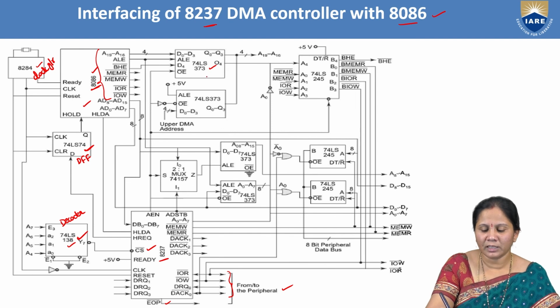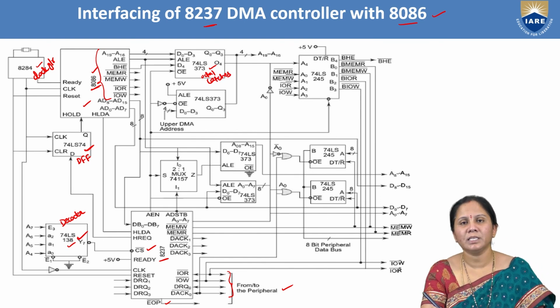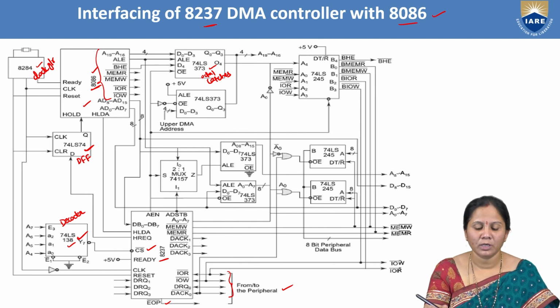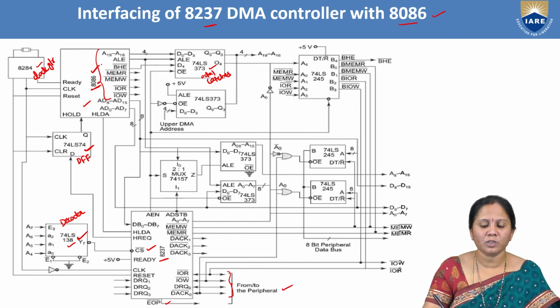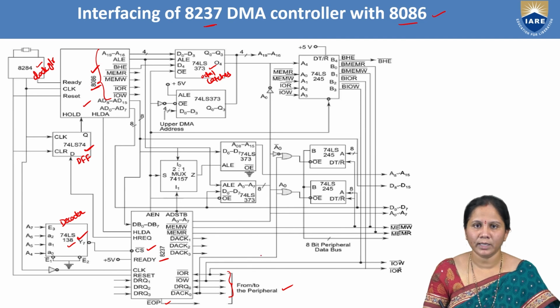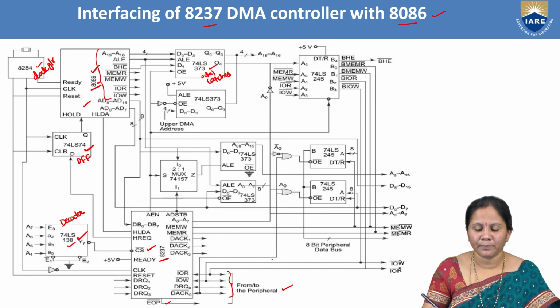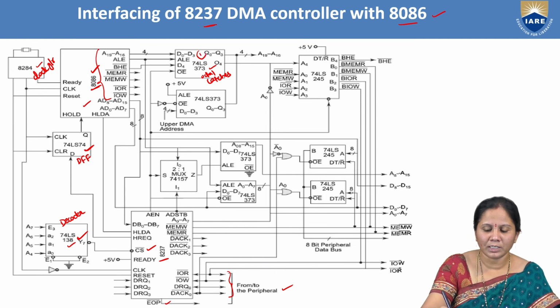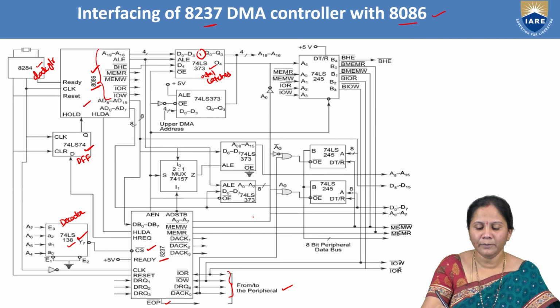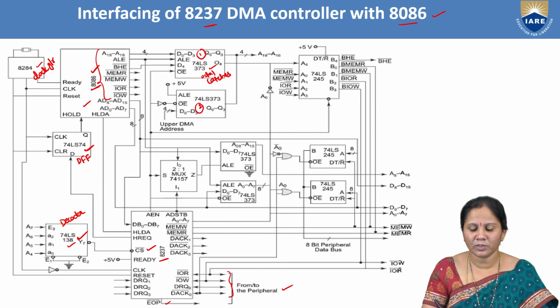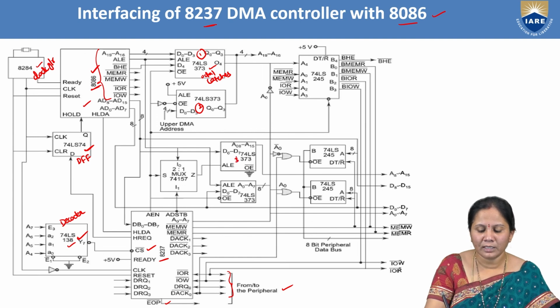And here we have the 74LS373, which is considered an octal latch. For the 8086 microprocessor, there are totally 20 address lines, so we have 3 octal latches here. This is octal latch 1, 74LS373, this is another latch, and this is the third latch.